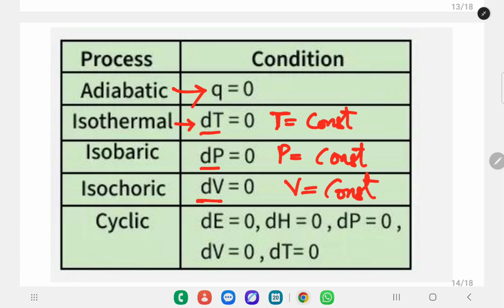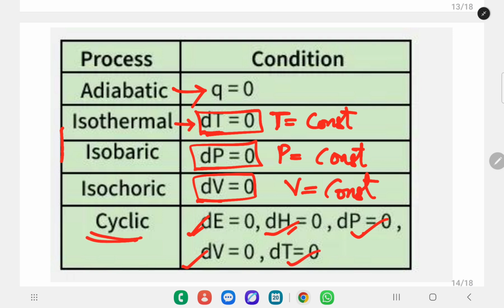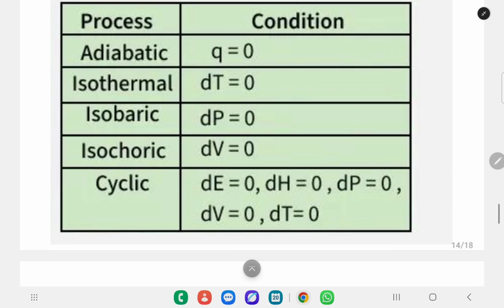Whenever these terms are constant, their change will be 0. In a cyclic process, the change in energy is 0, change in enthalpy is 0, change in pressure, volume and temperature are 0, because it comes back to its initial position. The change of every property will be 0.